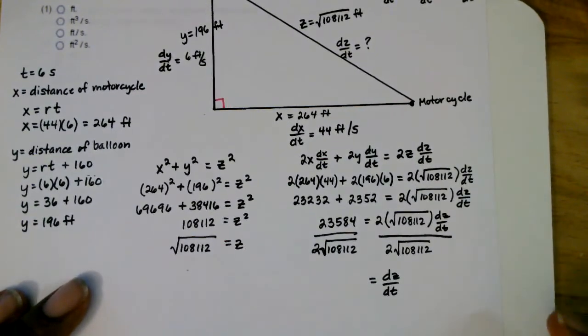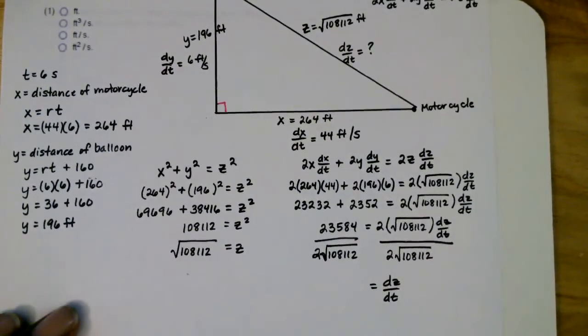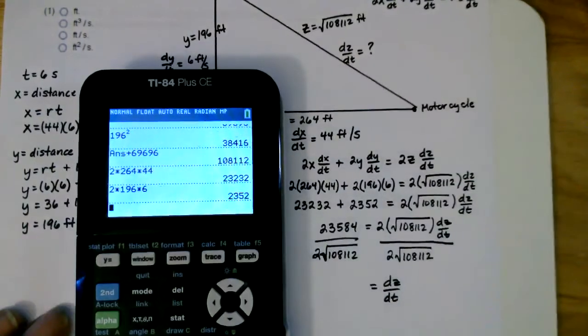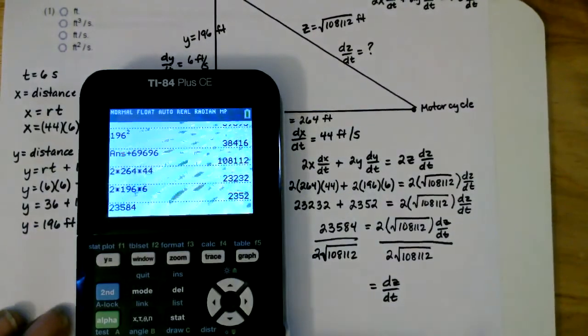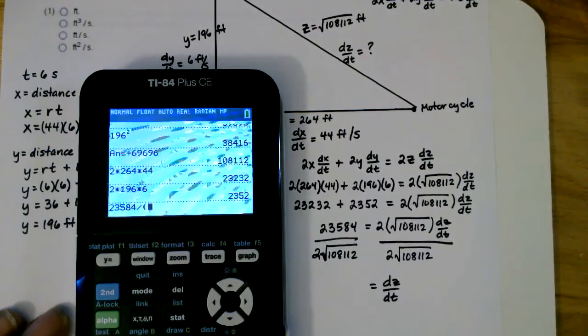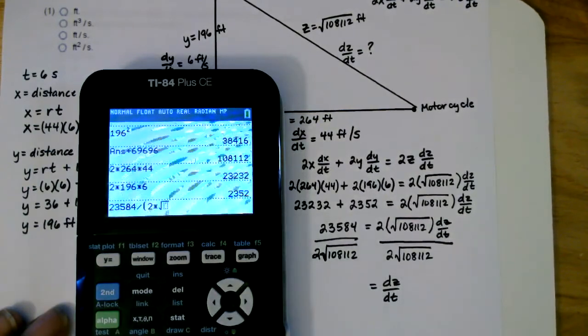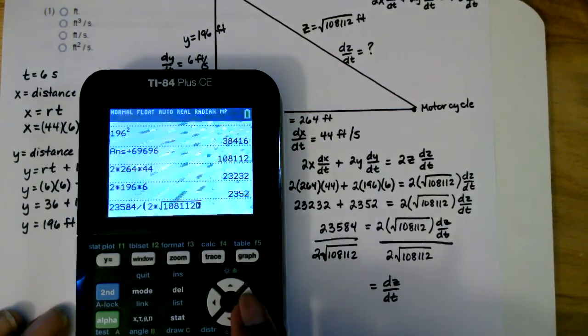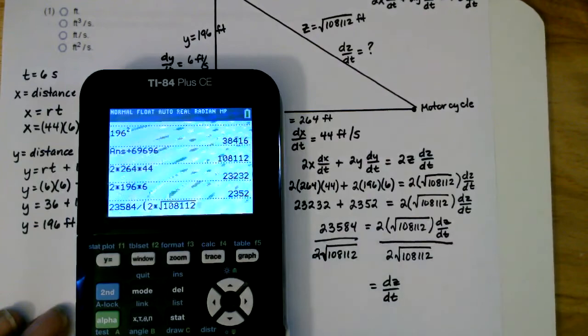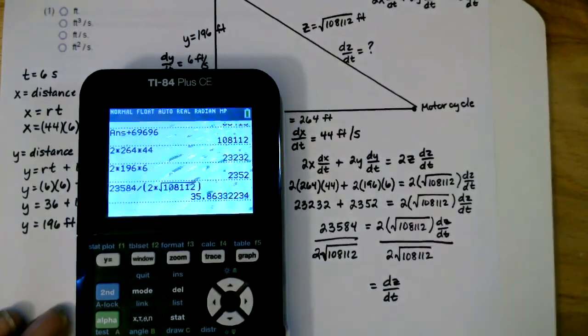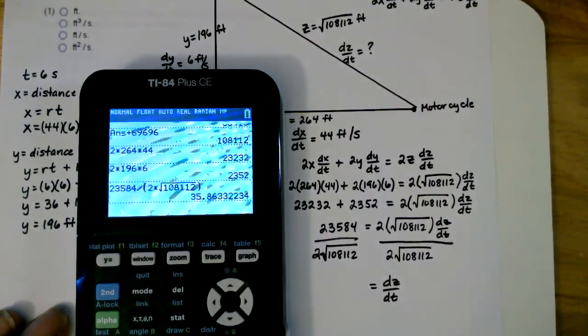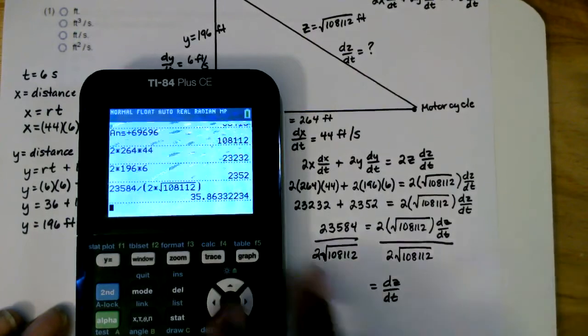Okay, now they say to 2 decimal places, so we have to do this in the calculator. This will be 23,584 divided by left parentheses 2 times, and then second square root 108,112. I'm going to use my right arrow key to get out of the radical, close the parentheses, hit enter. Okay, I made a mistake.